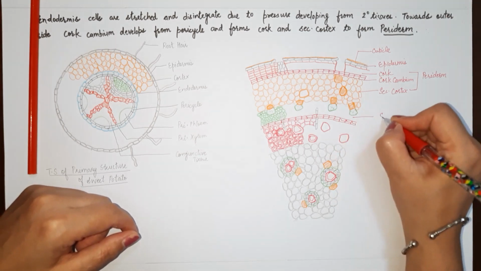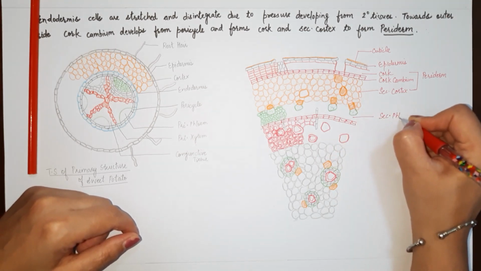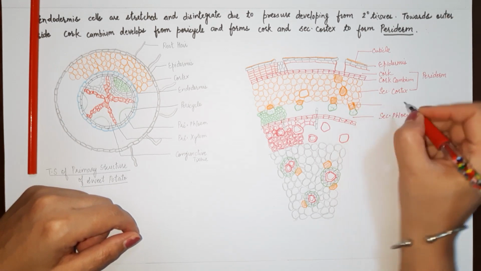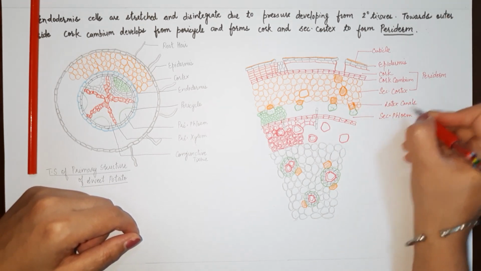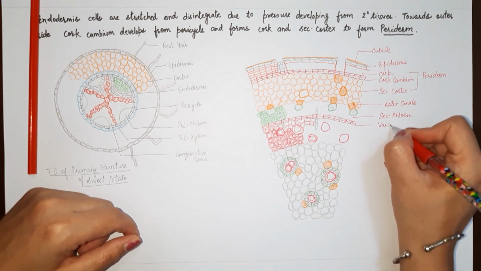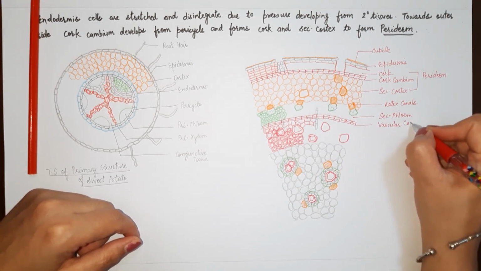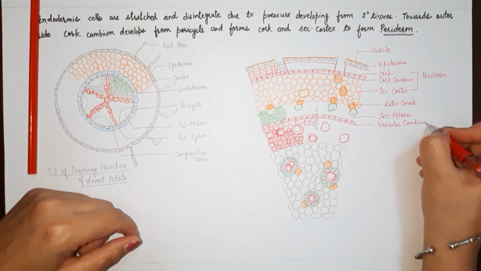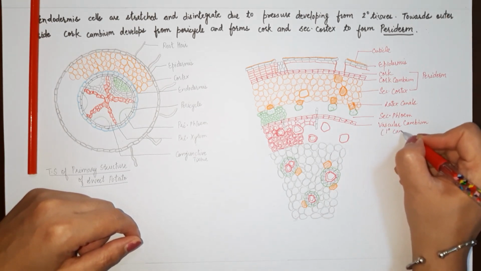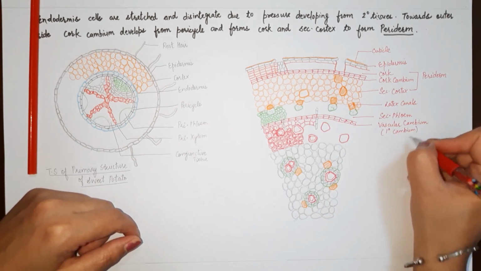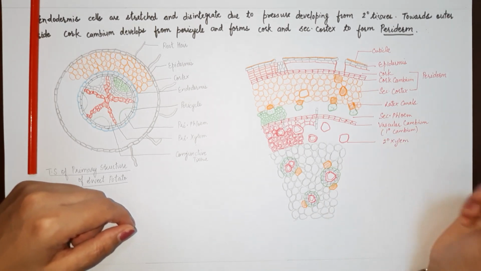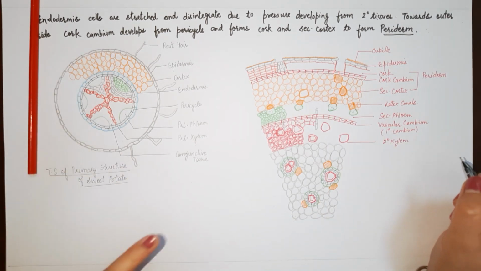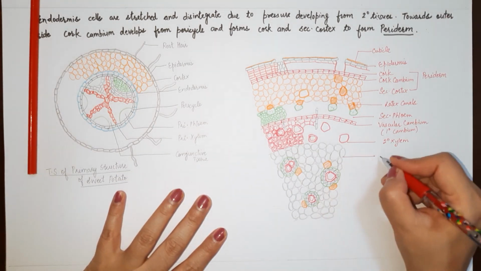Then we have secondary phloem, latex canals, vascular cambium, or we call it primary cambium. Secondary xylem. Again I am telling you very few vessels are present.